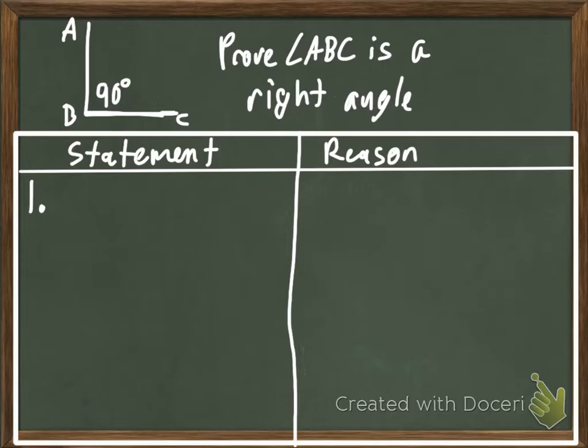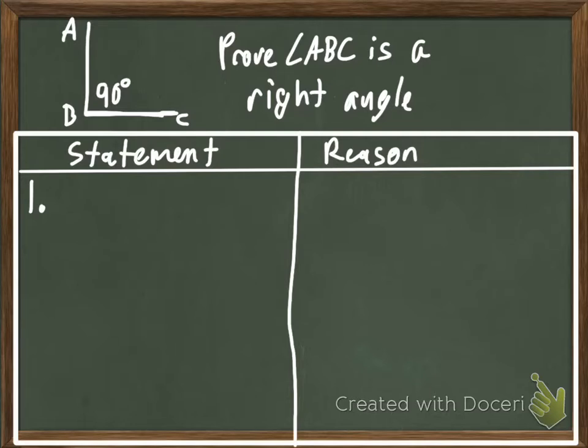So, here we have an angle ABC, and we see that it's indicated that's 90 degrees, and we're going to prove that angle ABC is a right angle. So this is a very simple statement reason proof, just so you can kind of get to see what's going on. In a statement reason proof, the first thing is always the given. Always the given.